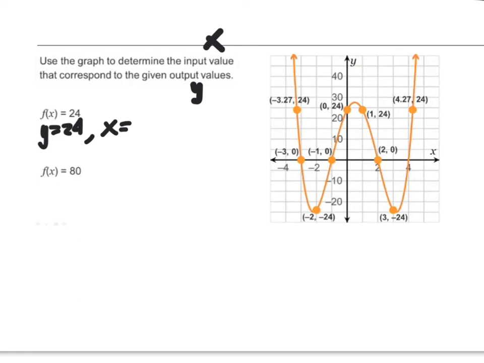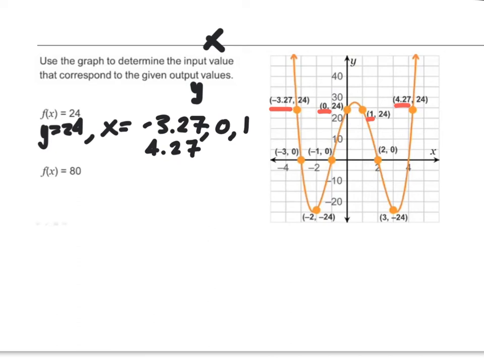So I know that x could equal negative 3.27, it could equal 0, it could equal 1, and it could equal 4.27. So I'm going to say that x is equal to negative 3.27, comma 0, comma 1, and then 4.27.